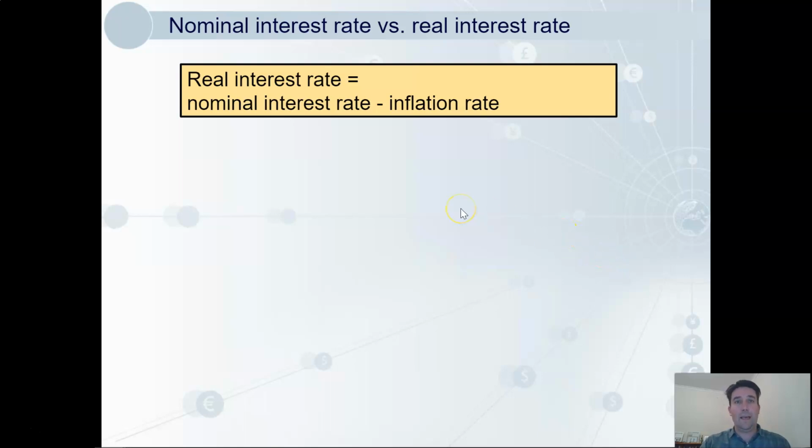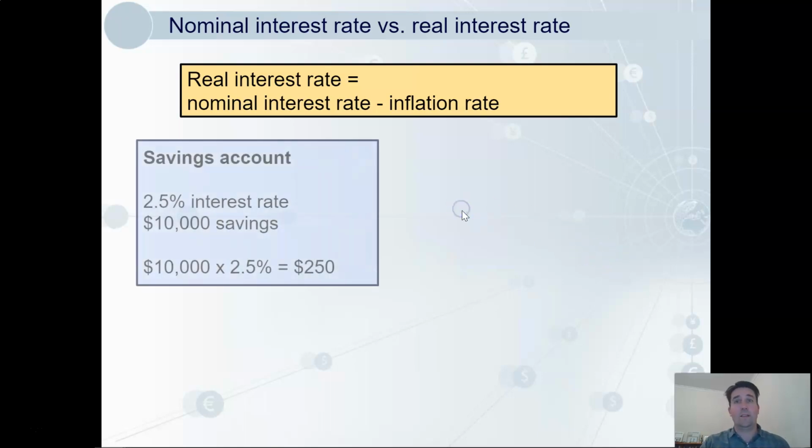So let's say the nominal interest rate on my savings account is 2.5%. If I save $10,000 for a year, I earn $250, right? Well, not really. So while the interest rate is working to grow my savings, inflation at the same time is working to erode the value of my savings. So the real interest rate takes out the inflation rate.